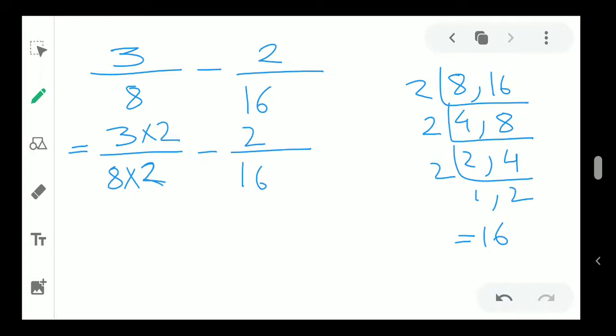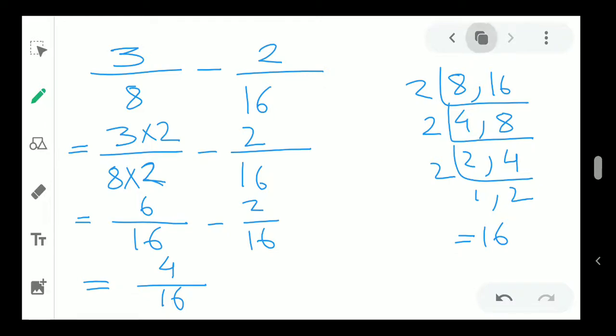Just keep it as it is. But if you still have a problem, you can multiply by 1 up and down. Now this is 16 also. This is 6 minus 2 by 16, and here you will get 4 by 16. So this is the way of doing this kind of maths. So this kind of subtraction you can do.